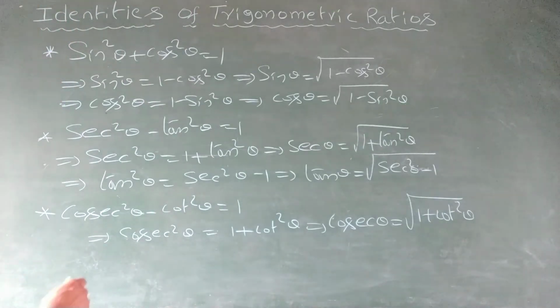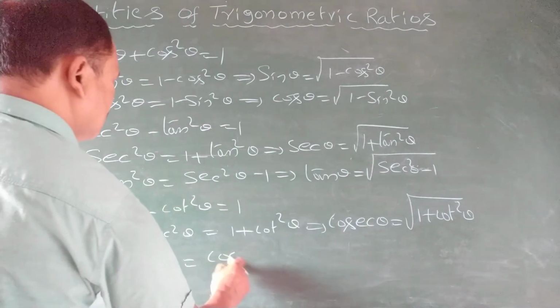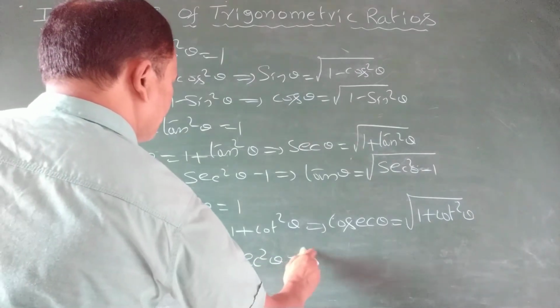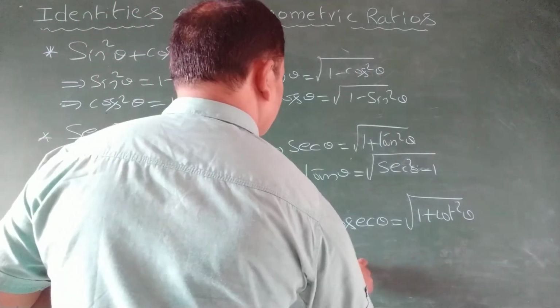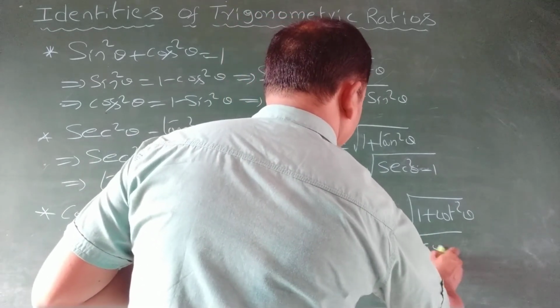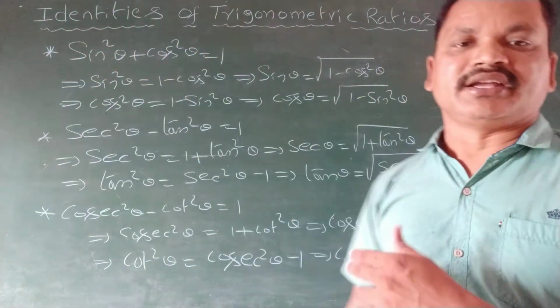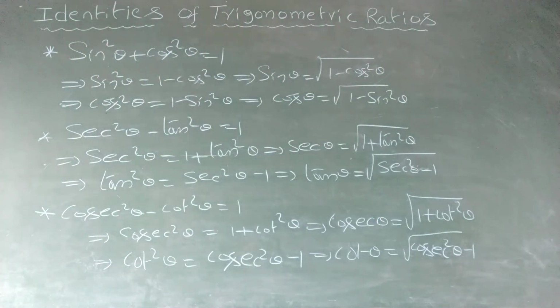Again, cot square theta is equal to cosecant square theta minus 1, so cot theta is equal to root of cosecant square theta minus 1. So these are the identities.